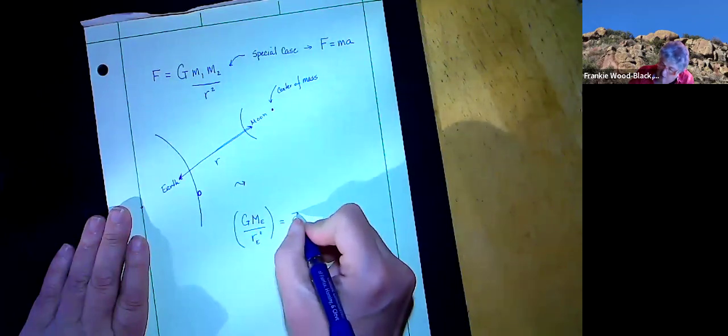So our G times the mass of the Earth divided by the radius of the Earth squared is going to equal our acceleration due to gravity. So that's how we can get this special case of Newton's second law. That's how we get that. All right, so what does this mean for us?